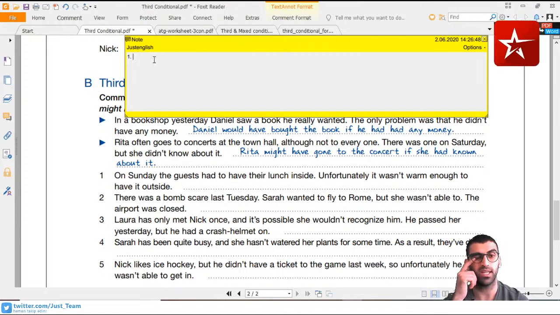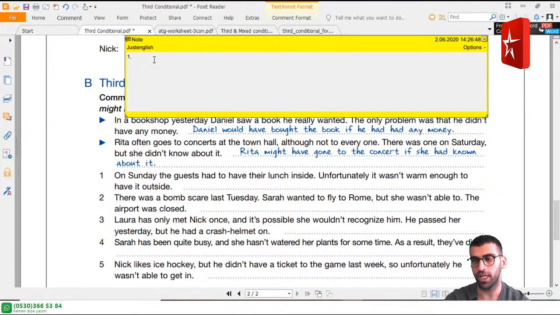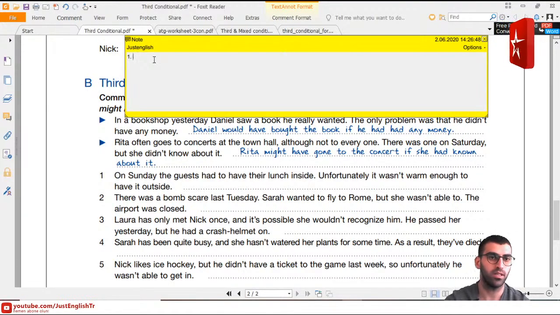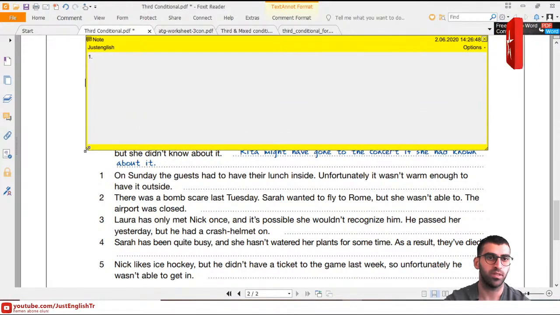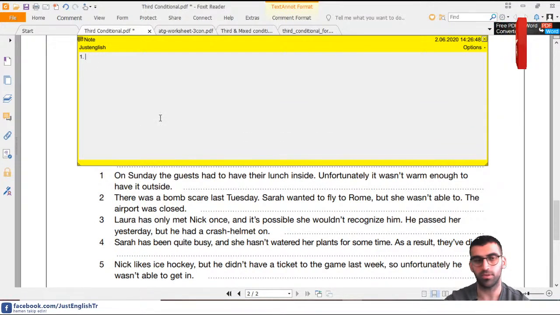So, number one, on Sunday, the guests had to have their lunch inside because the weather wasn't warm enough to have it outside. So, how can we change sentence number one? I'm not going to show you the examples again, so it would be easier for you if you see the correct example sentence here.